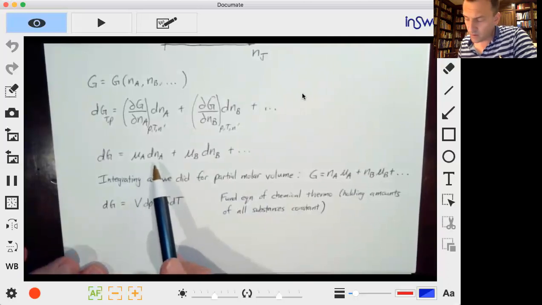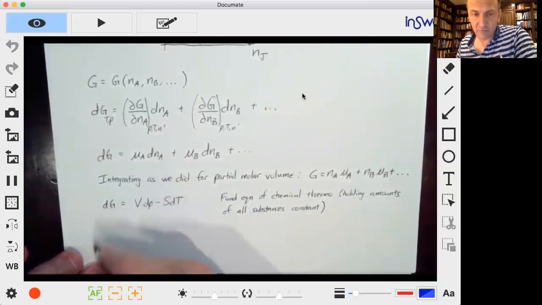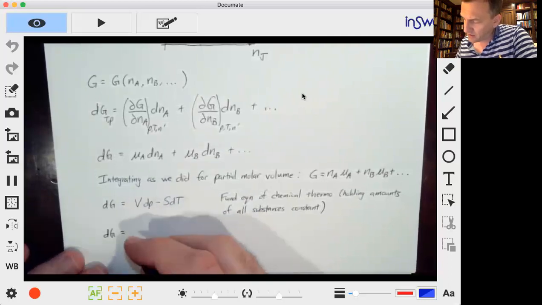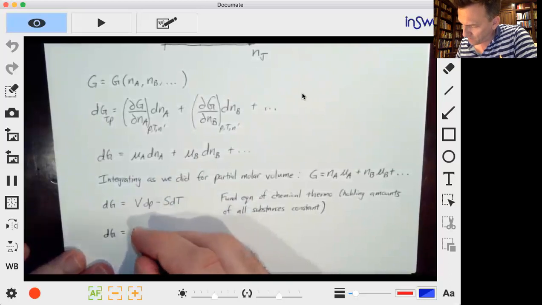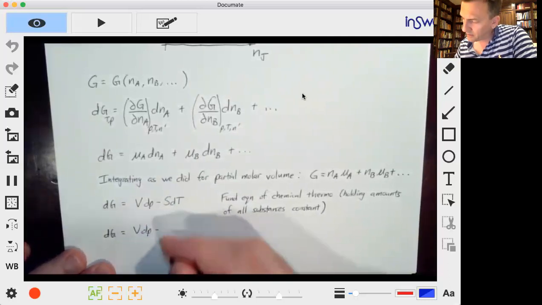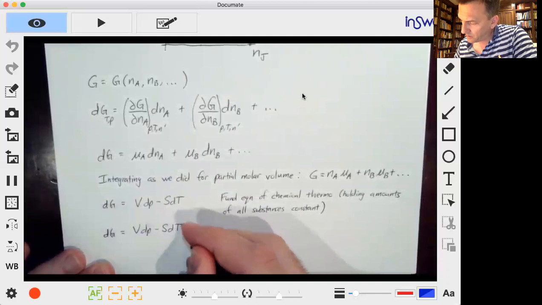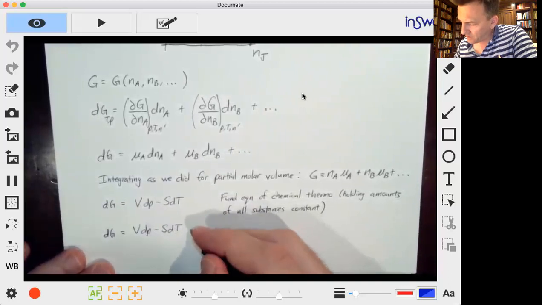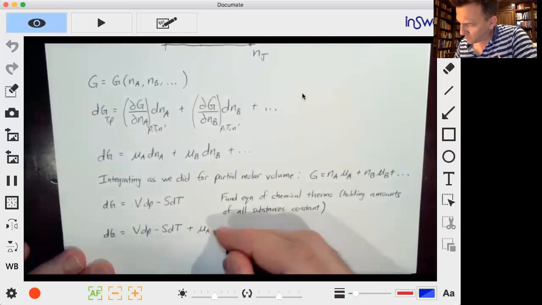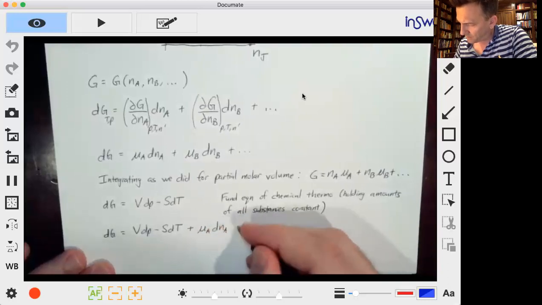But now we have another way of changing the Gibbs energy. So I'm going to combine these two, so we have a more complete formula for dG. So dG is going to be V dP minus S dT, like it was before, plus mu_A dN_A plus mu_B dN_B, and so on.